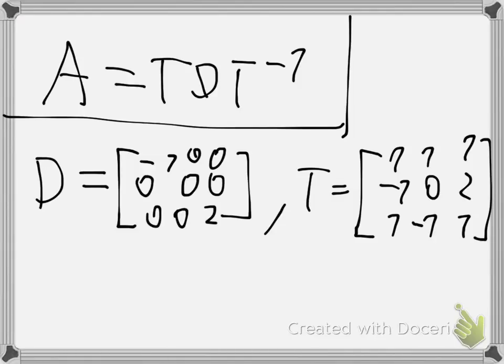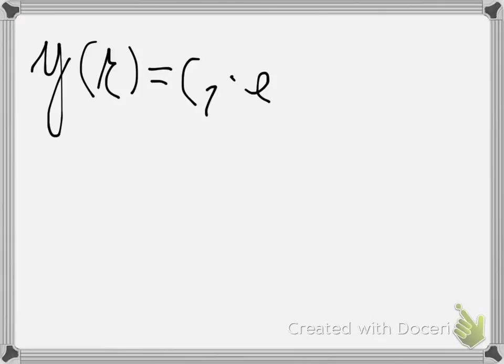And so basically, our general solution, let's call it y of t, will be equal to c1, some constant or scalar, times e to the power of the first eigenvalue, so negative 1 times our variable t, times the first eigenvector, 1, negative 1, 1.